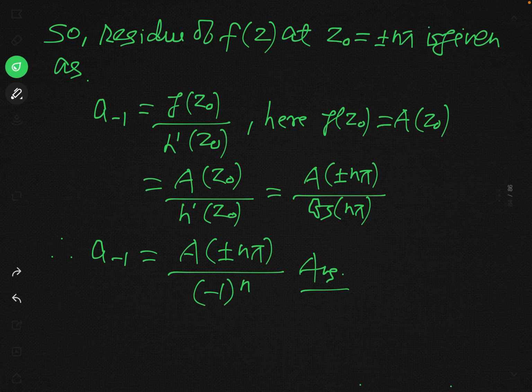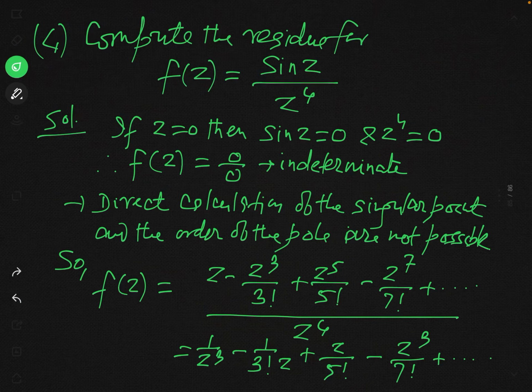So the residue of this function at its simple pole at plus minus n pi is a of plus minus n pi over minus 1 to the power n. So this is another type of problem which we have learnt in the previous lecture.